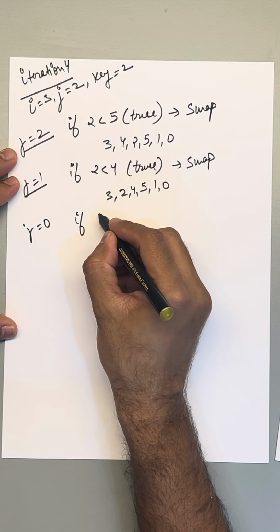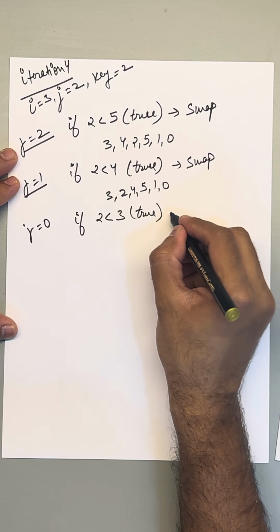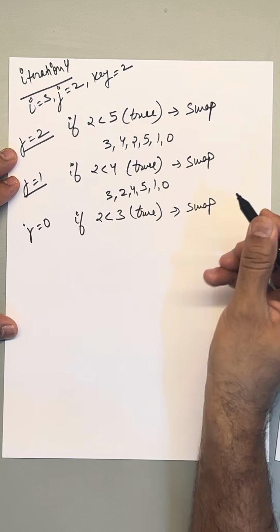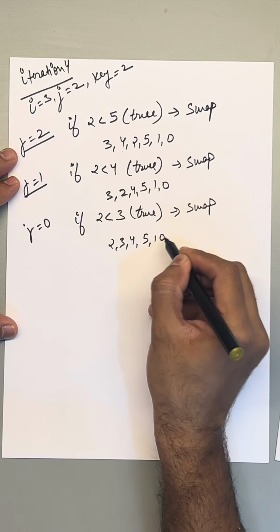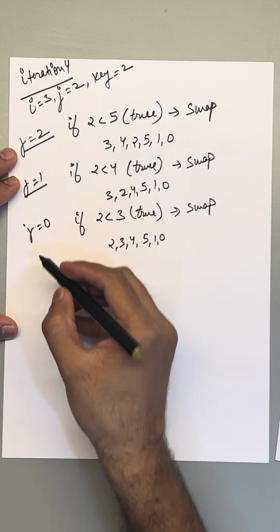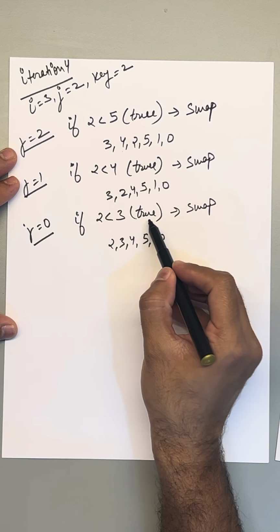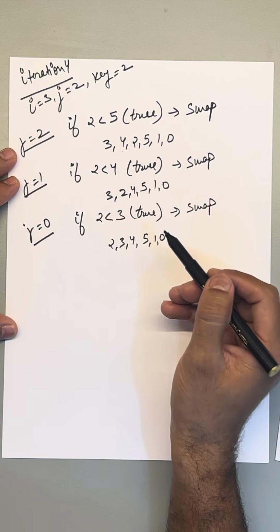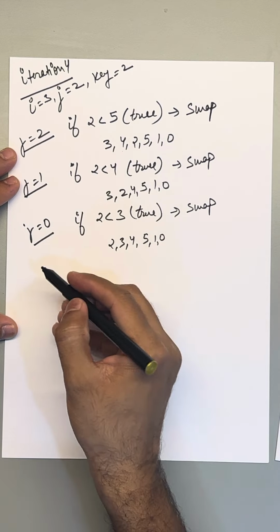We'll check if 2 is smaller than 3, which happens to be true. We'll perform a swap operation again. Just to remind, in case this condition happens to be false, we are not going to perform any operation. We'll just continue and skip the rest of the execution.